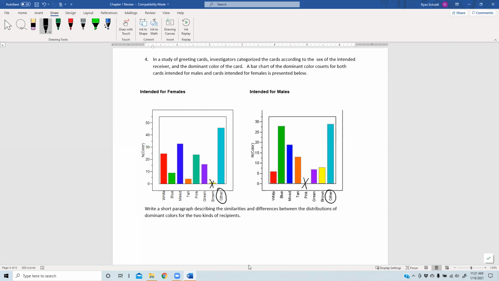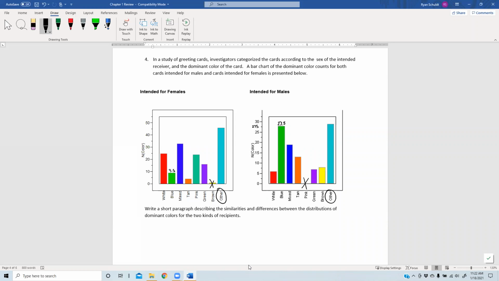Then if you look at blue and tan, blue, males got blue about 27.5. That's our number there. So this is N stands for number of cards. So this is about 27.5 for blue. But if you look at blue for females, they're about 9.5.